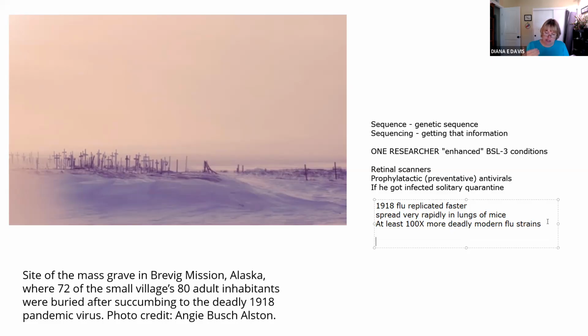If you replaced the surface proteins that help the virus attach to cells and infect cells, the virus was less deadly. So it was a combination of genes that made this particular strain so very, very deadly.